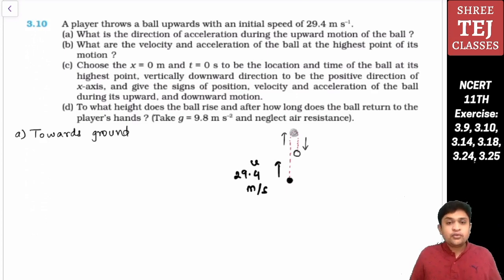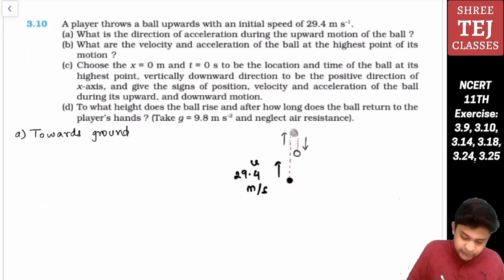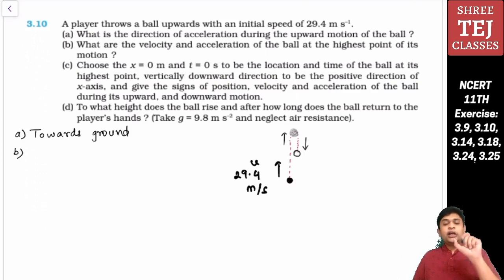Then second one, what are the velocity and acceleration of ball at the highest point? All of us know at the highest point, the ball will be momentarily at rest because it has been thrown with some velocity. The velocity will go down, down, down, momentarily at rest at the highest position and then go on increasing.